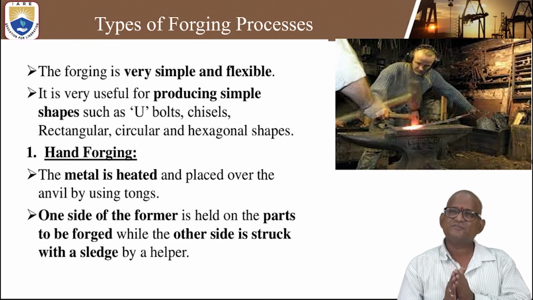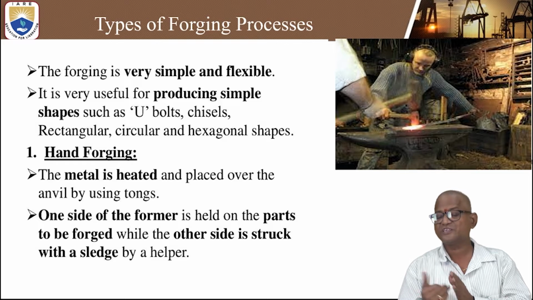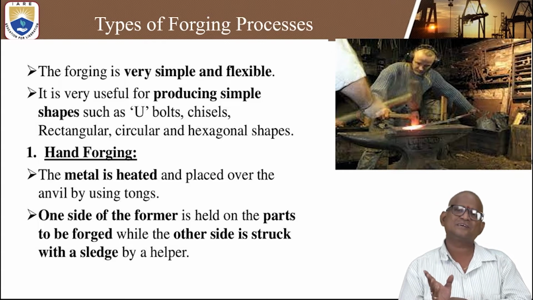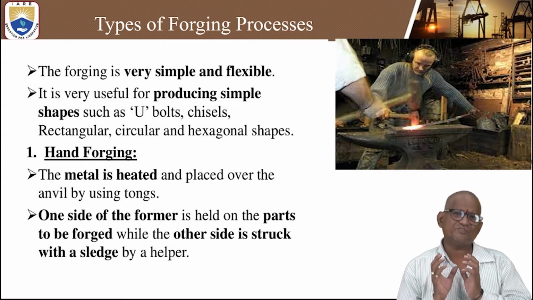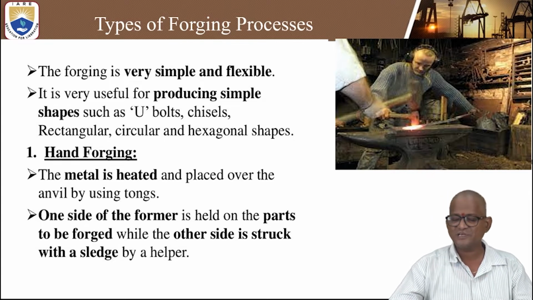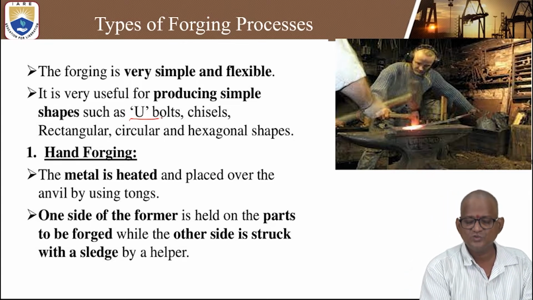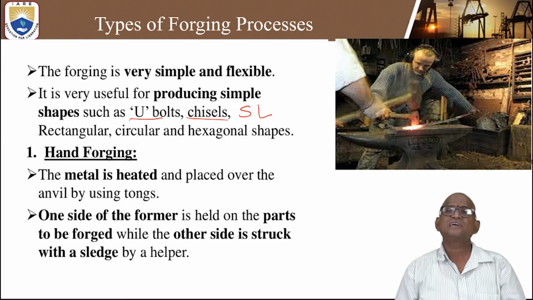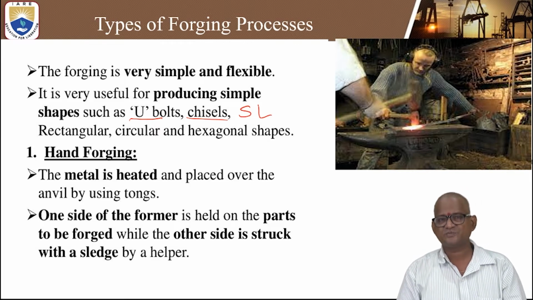That is why it is very simple and flexible, and whatever shape you want can be easily obtained. It is also very useful for producing simple shapes, for example U bolts, chisels, S type and L shapes, which can be easily done by the open die forging process.